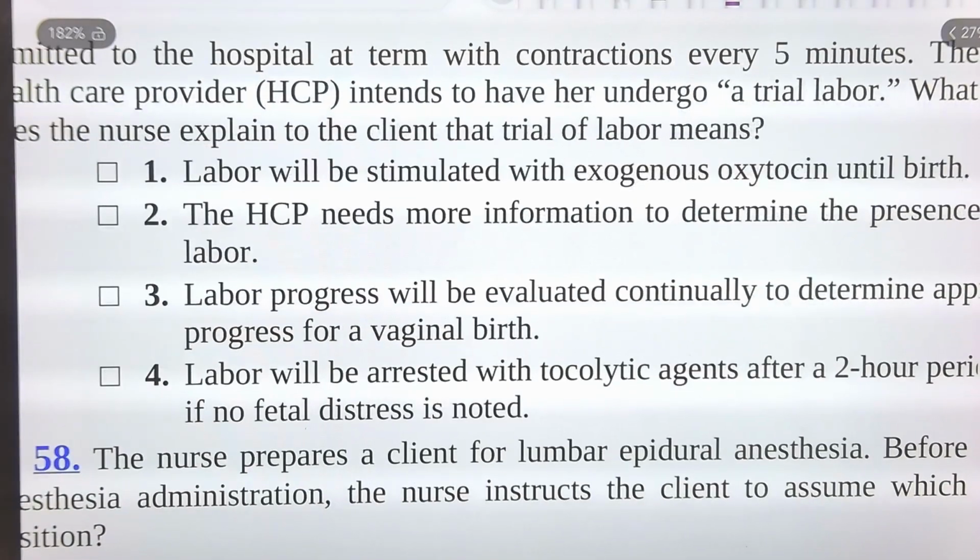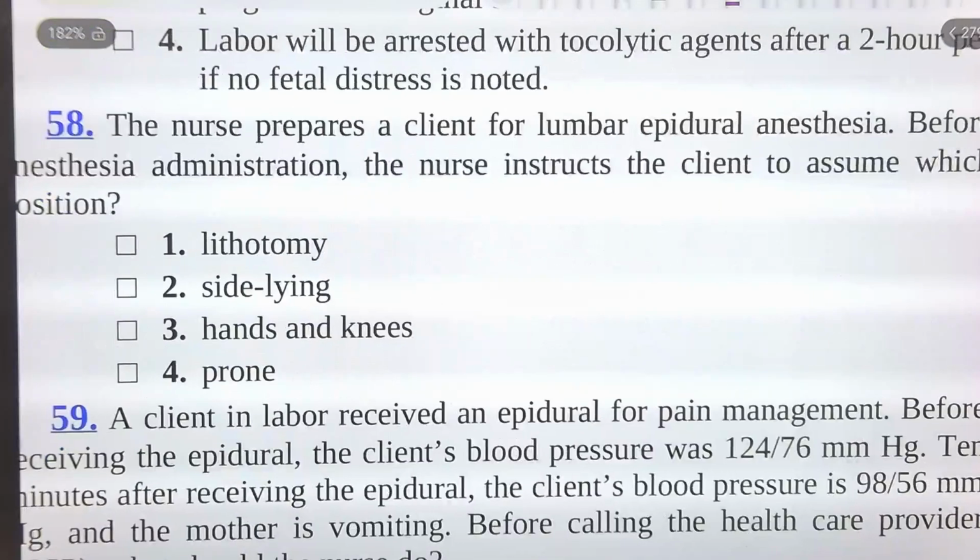Read all the options. What can be the right explanation of this? So answer number 3 will be the correct one. Labor progress will be evaluated continuously to determine progress for vaginal birth, so that we can find out whether vaginal delivery is possible or whether we will have to go by other means, toward cesarean section.